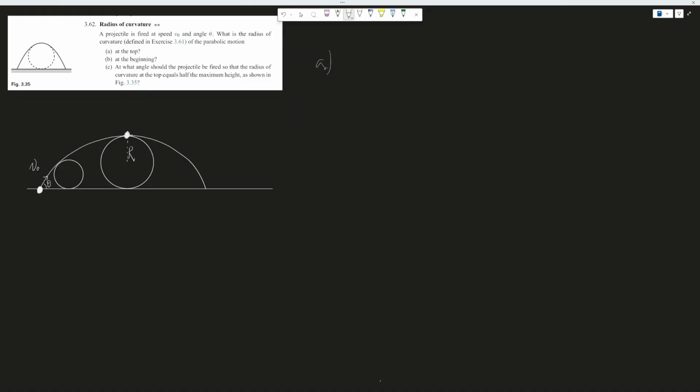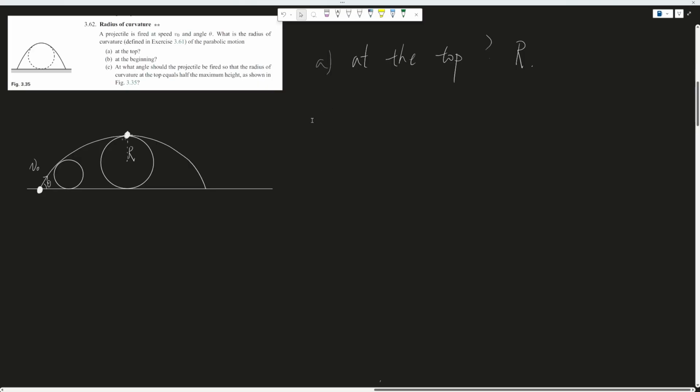Part A asks for the radius of curvature at the top. Well, at the top, let's say it's here. I already drew a circle, and then we have this radius r. What do we know about the projectile at this point? So let's first write out the formulas for velocity and acceleration.